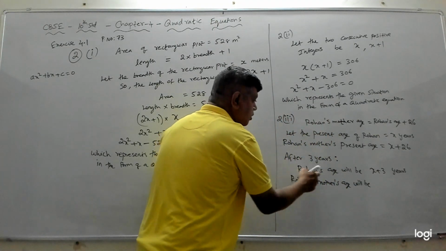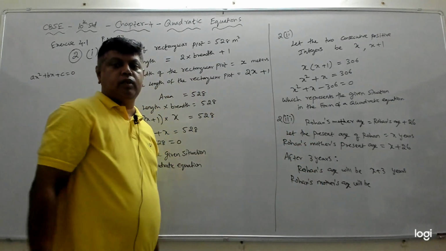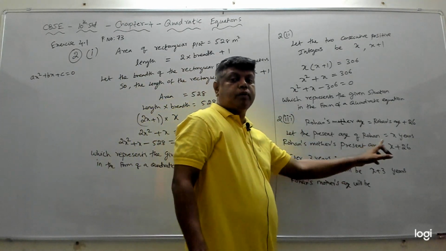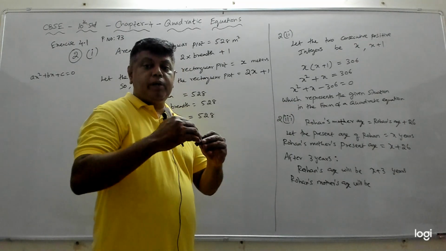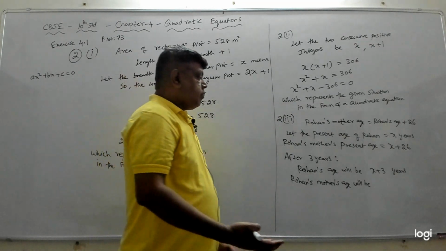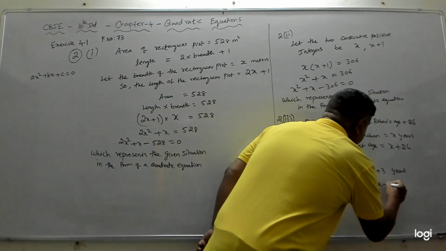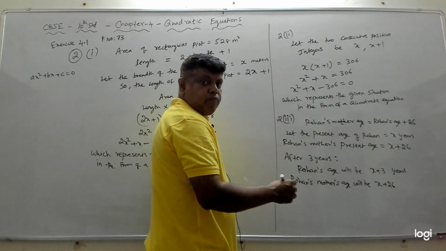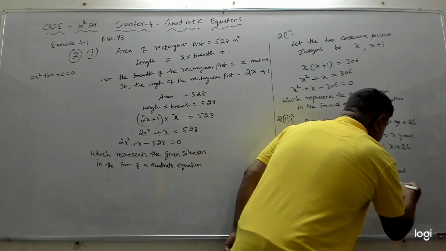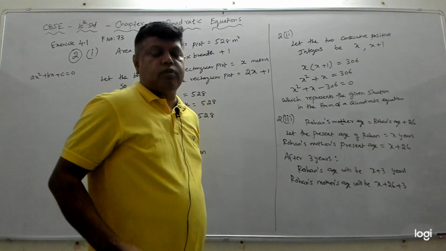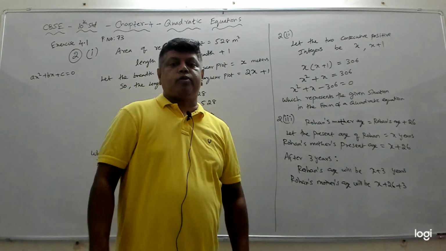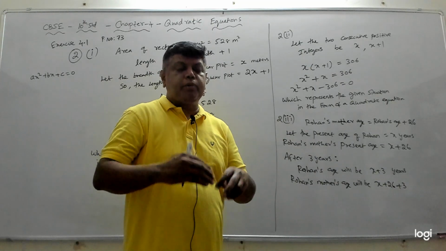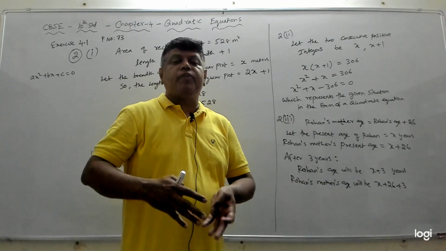So after 3 years, Rohan will be x plus 3. Rohan's mother will be how much? What is the present age of Rohan's mother? X plus 26. So what will be her age after 3 years? Her present age plus 3. She will also become 3 years more. Suppose your present age is 15, what will be your age after 3 years? It is 15 plus 3, which is 18.